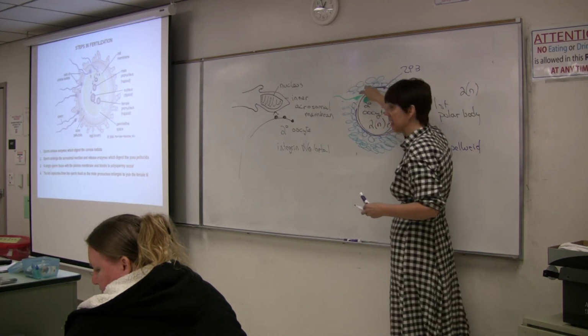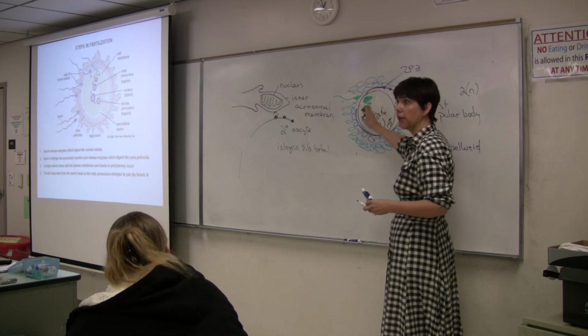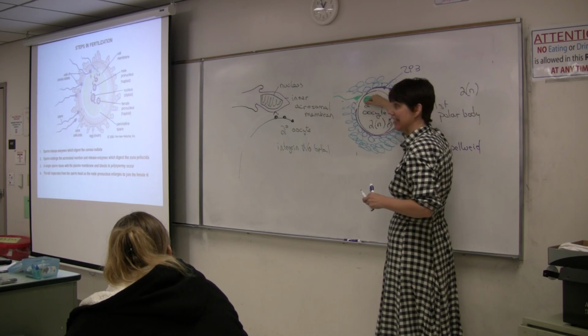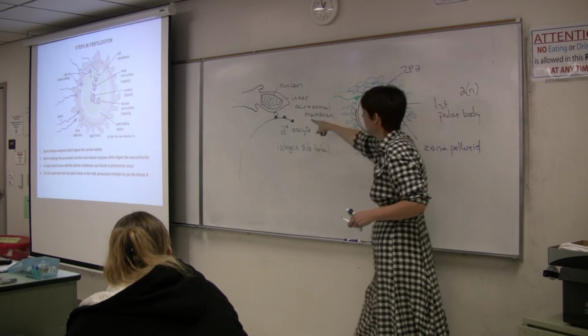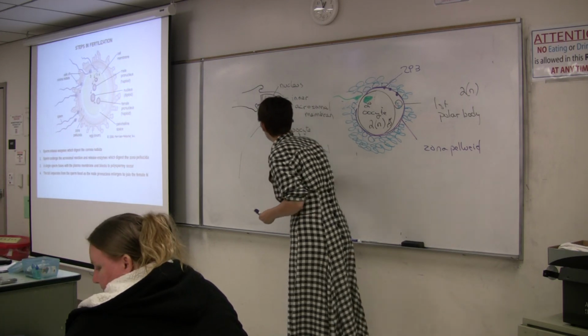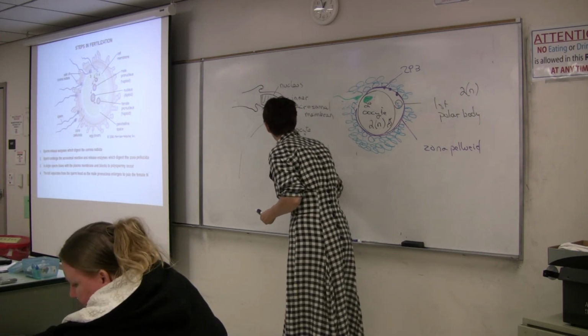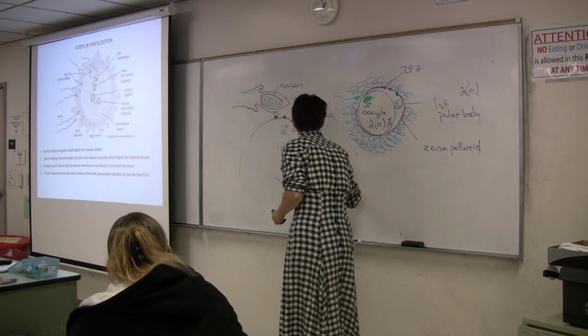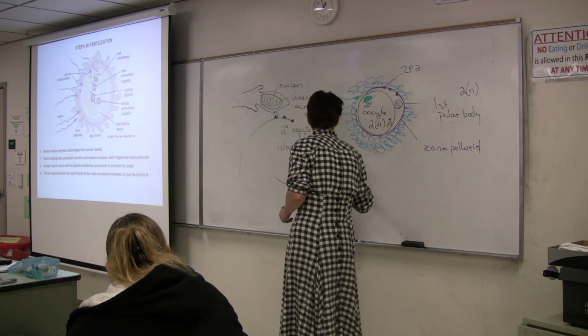And that binding triggers the egg to undergo the second meiotic division. So as this is moving in, that binding is going to trigger the cell to undergo secondary meiotic division, and we're going to form the second polar body.